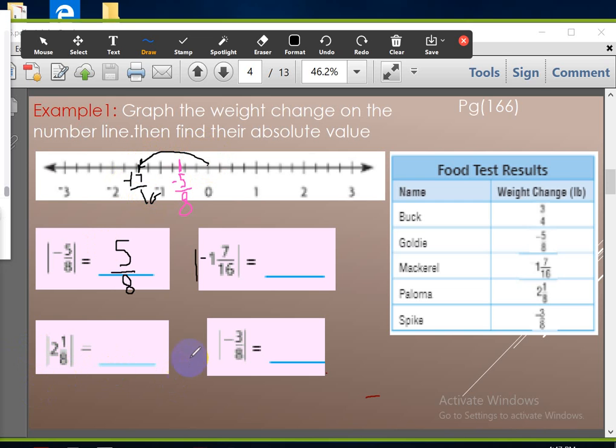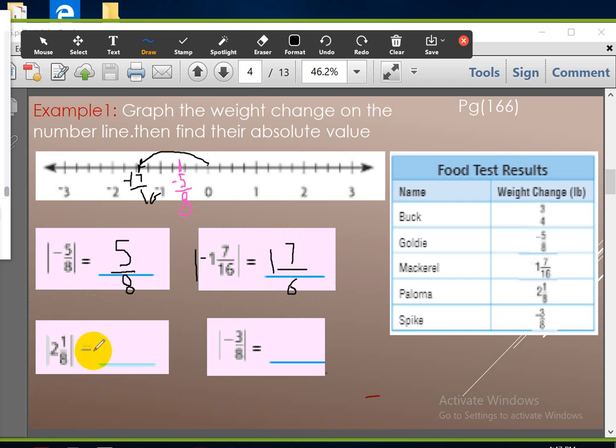Yes, Lena, open your mic and tell me, what is the absolute value of -1 and 7/16? Excellent, Lena. Thank you so much. So the same number without the sign.